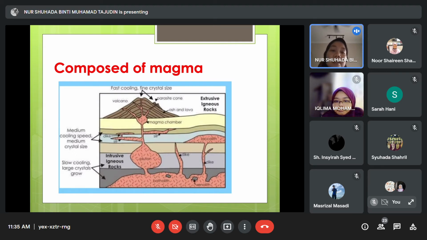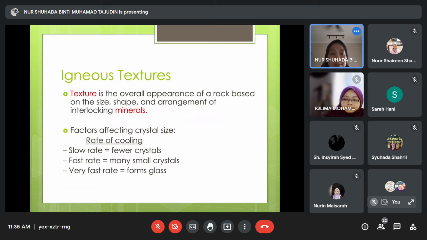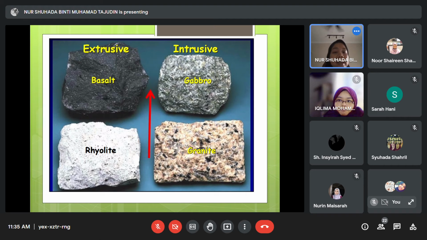So apa yang ada sekarang ni is yang terbentuk daripada dulu dan masih ada yang sedang terbentuk. Okay. So actually igneous texture is the overall appearance of a rock based on the size, shape and arrangement of interlocking minerals. Okay, so kalau you nampak dekat sini sekejap, you can see that the colour of igneous rock might be changed ataupun berbeza-beza.